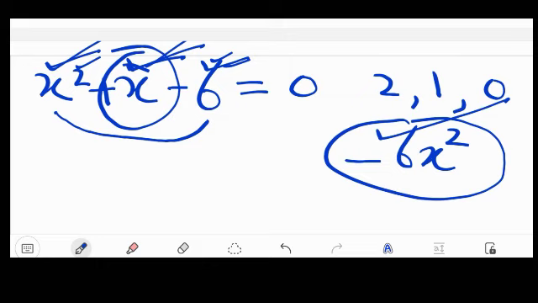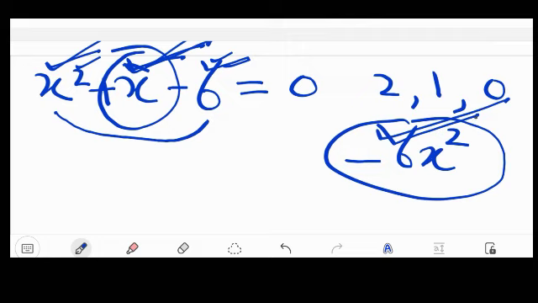There may be many numbers, but only two numbers are possible by which we can solve this type of question. I mean to say, by addition we can make plus x, and by multiplication we can make minus 6x square.